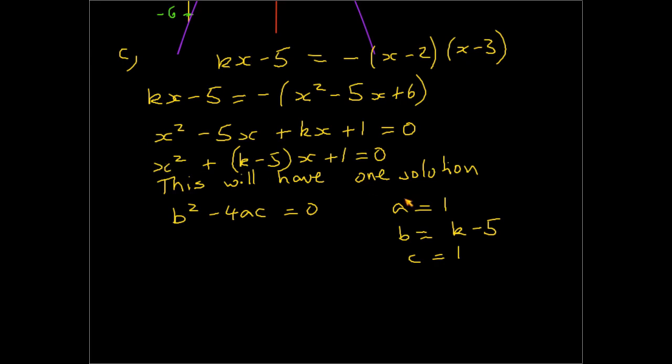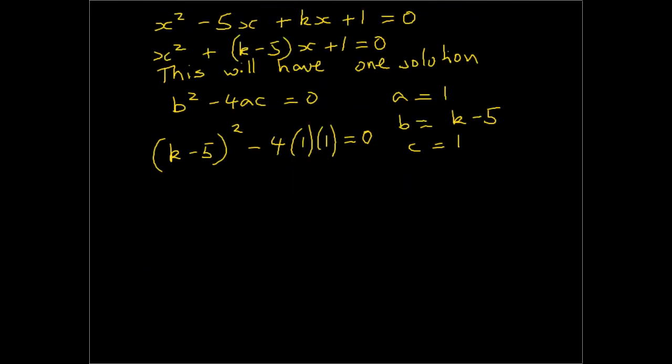And then I've assigned the values of a, b and c from the quadratic here. So a is the number in front of the x squareds, the coefficient of x squared. b is the coefficient of x, which is k minus 5, and then c is 1. So I can then say that k minus 5 squared minus 4 lots of 1 times 1 is equal to 0.